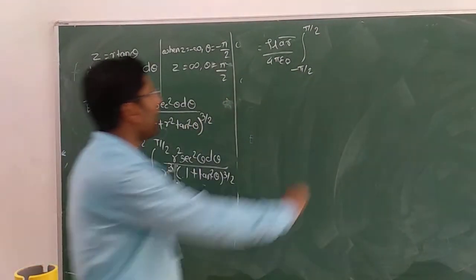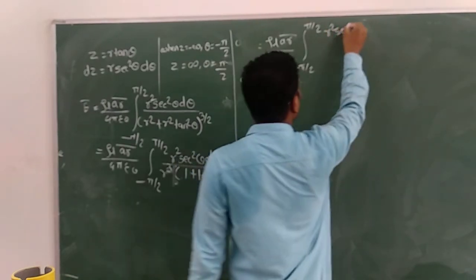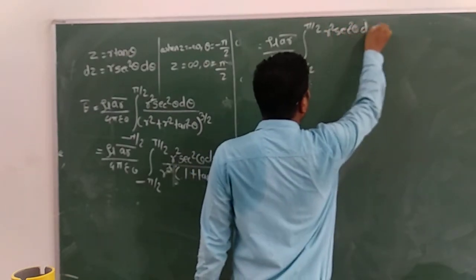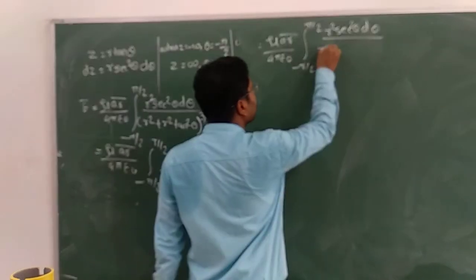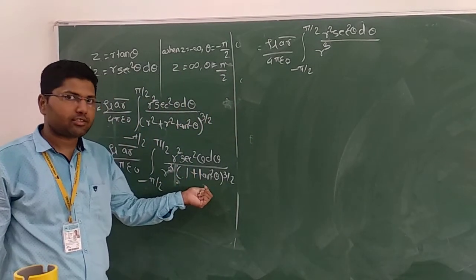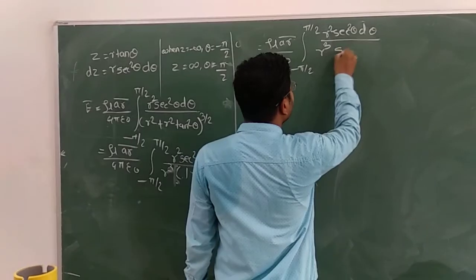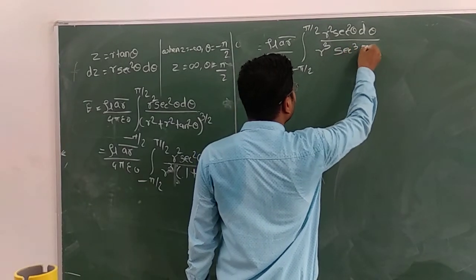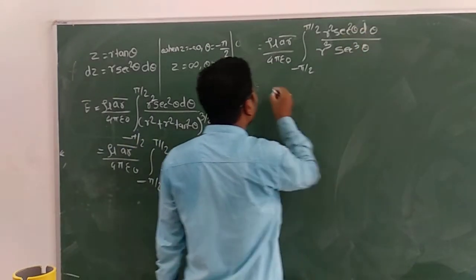Here is r square sec square theta d theta divided by r cube, and 1 plus tan square theta means sec square theta, that gets cancelled. So what remains is sec cube theta. Okay, so square and cube will get cancelled.